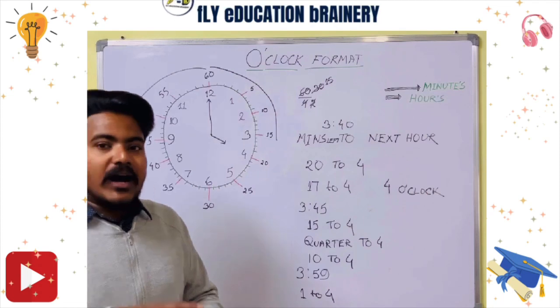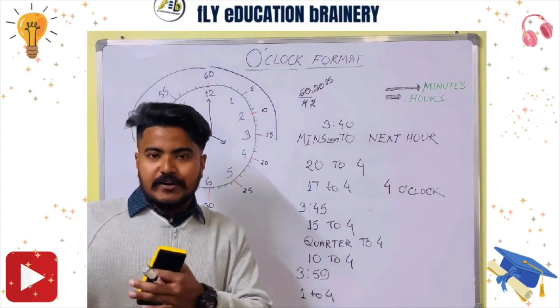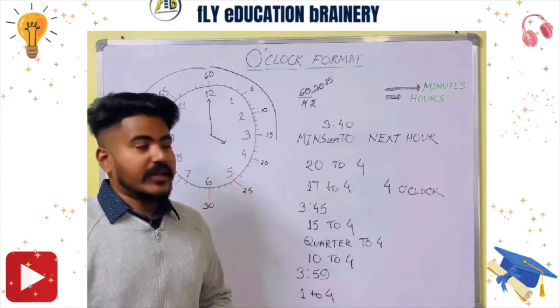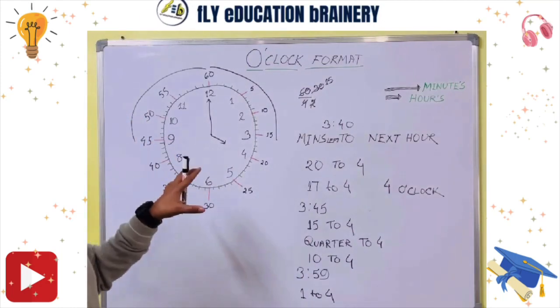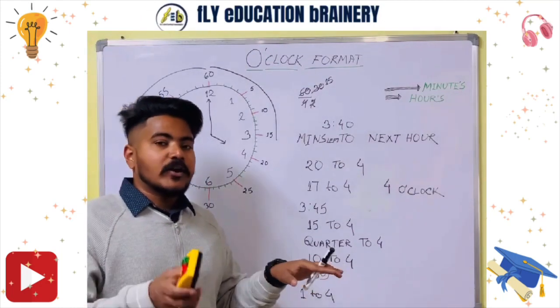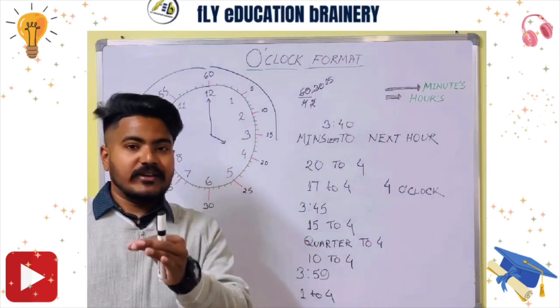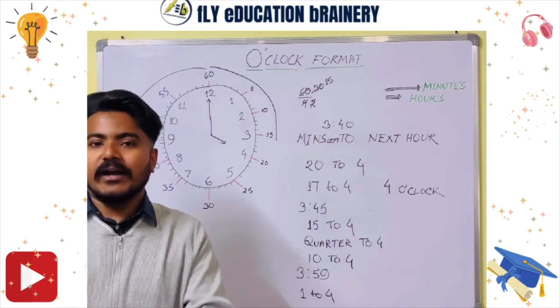Also, we do not have the hours, like if it is 5 PM, then it is 17 hours. So we do not know. So in the o'clock format, we cannot assume what part of the day is going on.